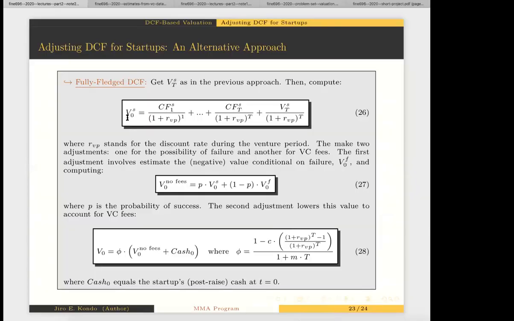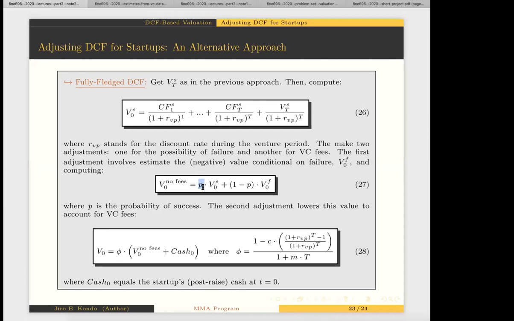Well, it's because this value only considers the case where the startup is successful. So what we should do is balance out the value of the startup if it's successful versus the value of the startup if it's not successful, if it's a failure.